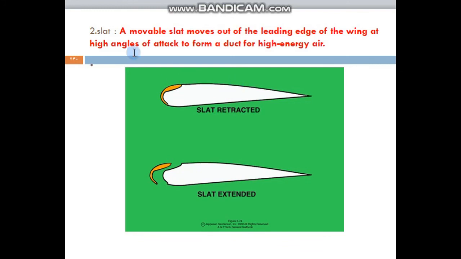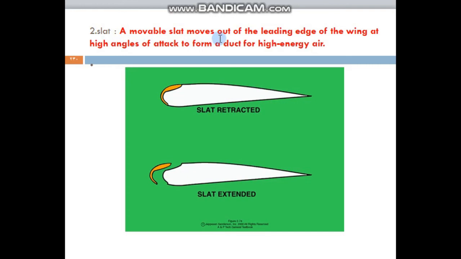What about the slat? The function of the slat is the same as the function of the slot, to prevent stall. But the difference is that the slot, as we talked, is fixed, but here the slat is movable.